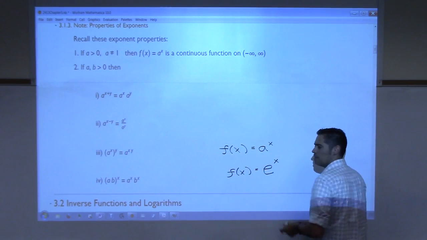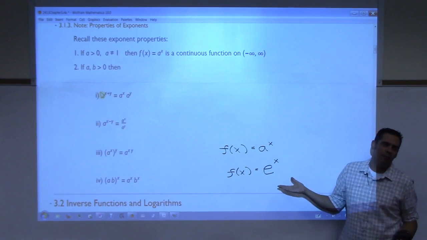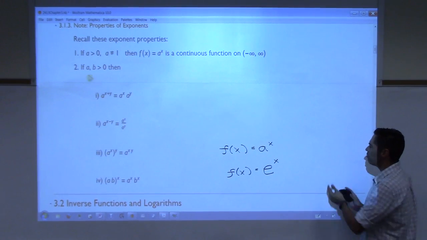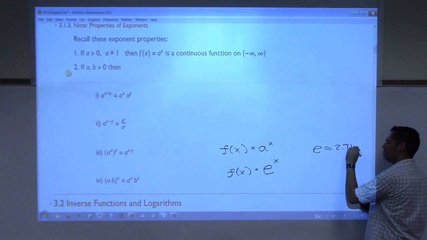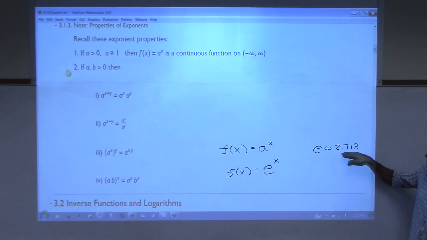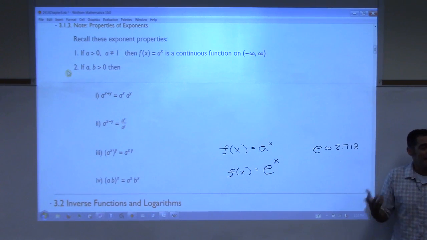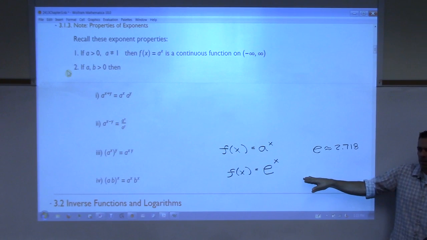E to the x. See here, a is just any number that's bigger than 0 and not 1. But if we use this number, e, which e is approximately what? 2.718, something like that. If we use that number as the base, then we call this the natural exponential function. Do y'all remember hearing about this one, e to the x?